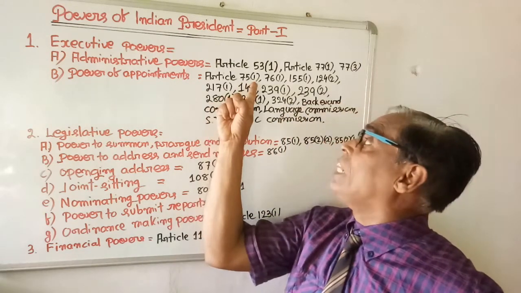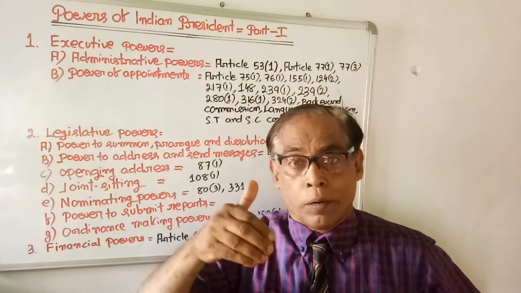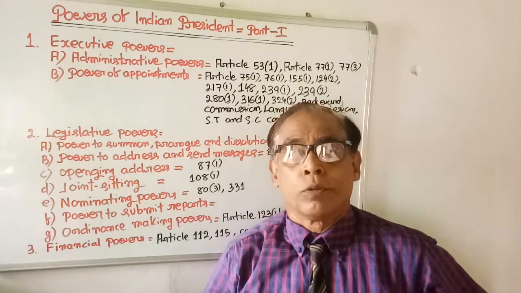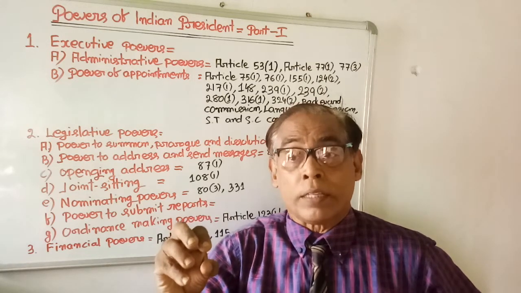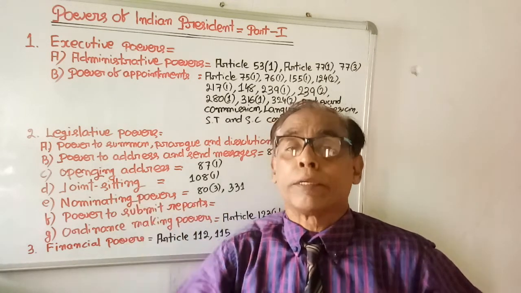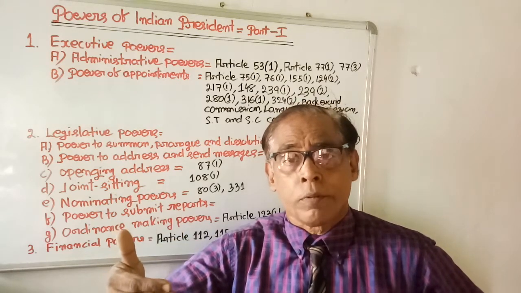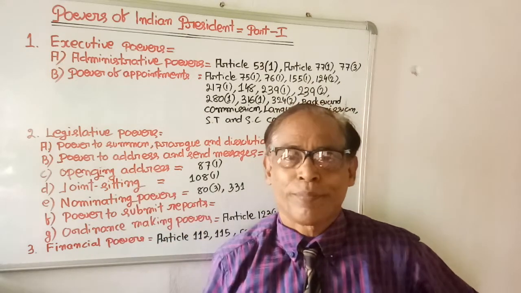And Article 75 Clause 2 says that the ministers of the Union government will hold office during the pleasure of the President. Ministers of the Union government will be obedient to the President.